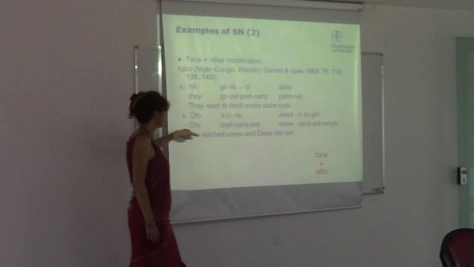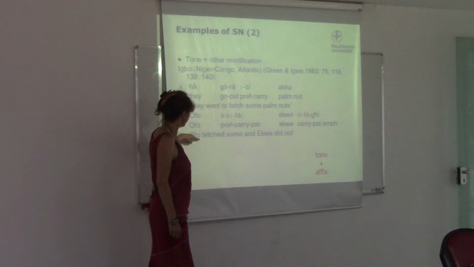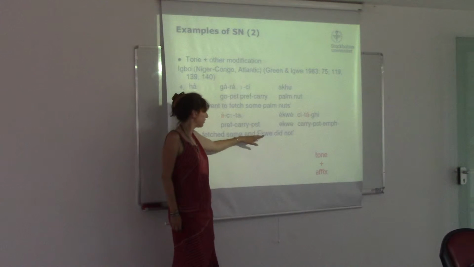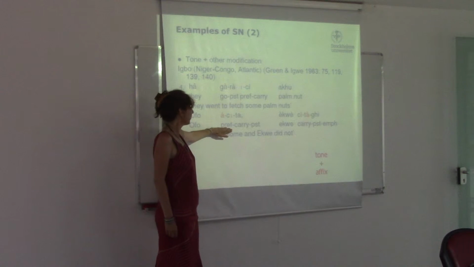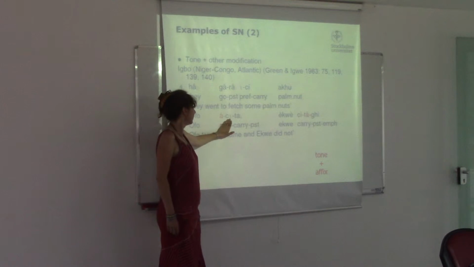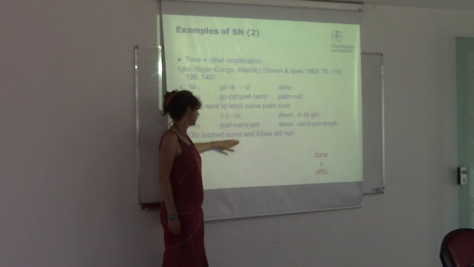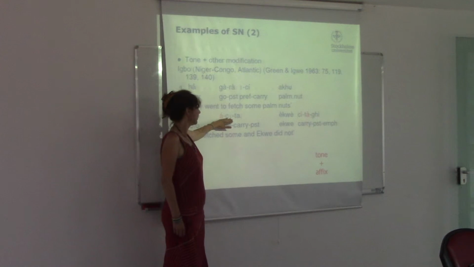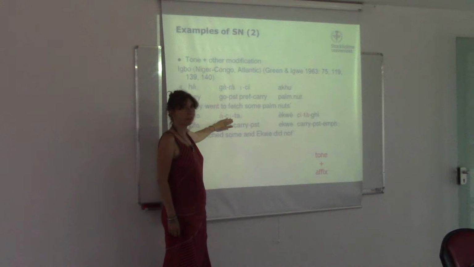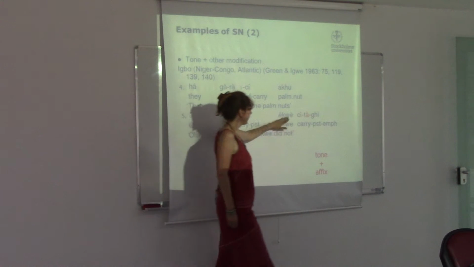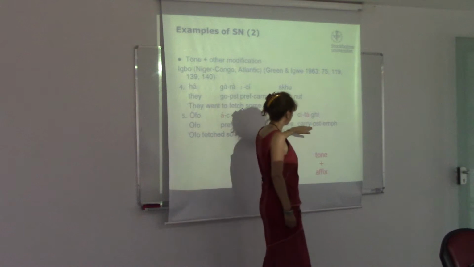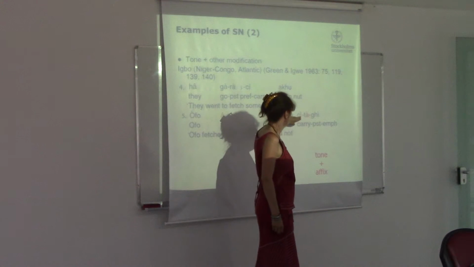In a negated sentence, we have "also fetched some, and Ekwe did not." So we have a prefix for the affirmative, and that prefix carries the high tone. The form chi for also has no tone, so it has mid-tone. Ekwe did not carry any boundness.